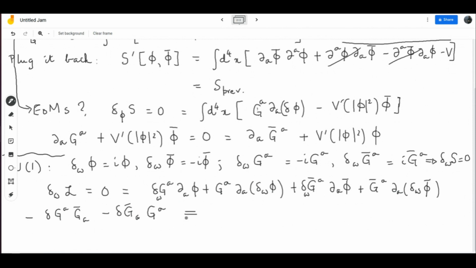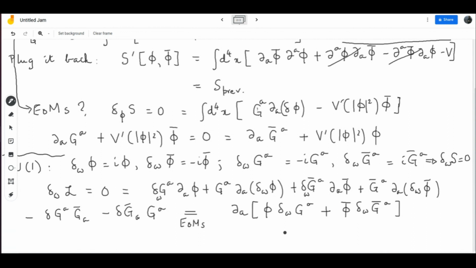So I will not do this exercise, but using the equations of motion, this can be written as del A phi delta omega GA plus phi bar delta omega G bar A. Okay, so this is equal to 0 just from this equation.